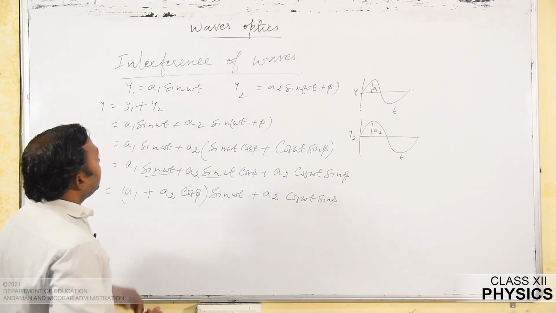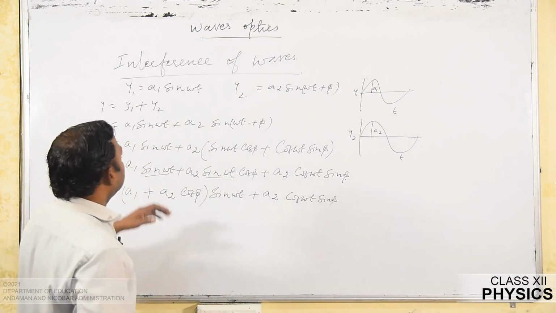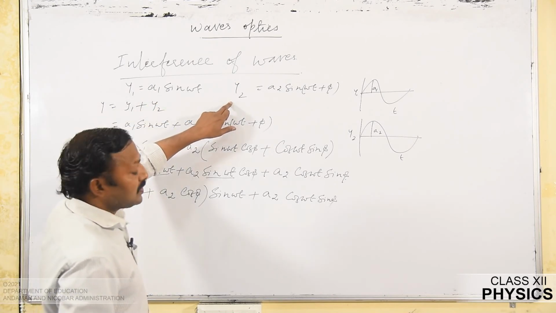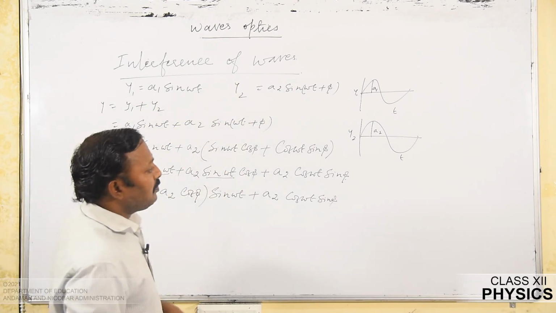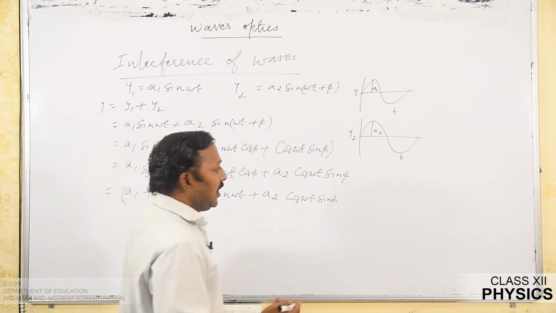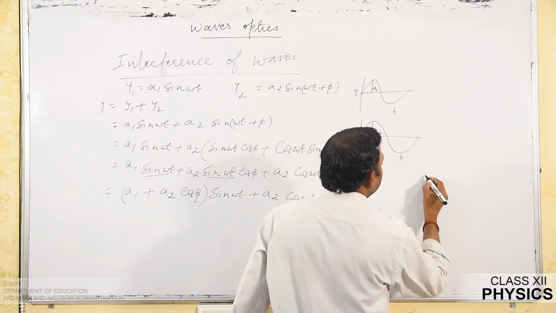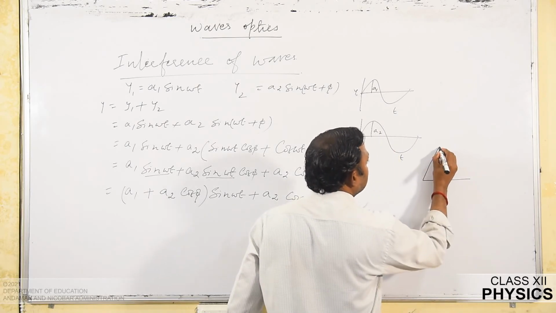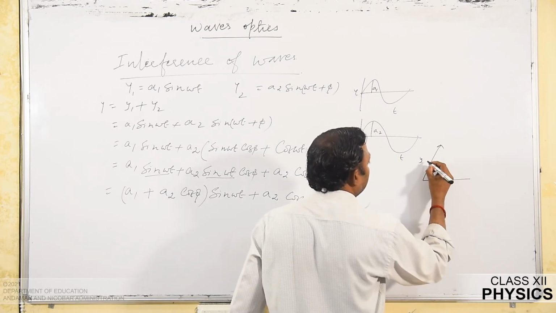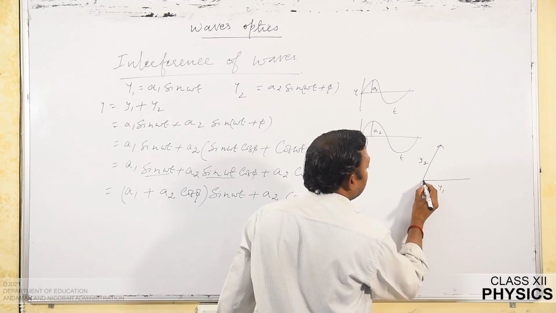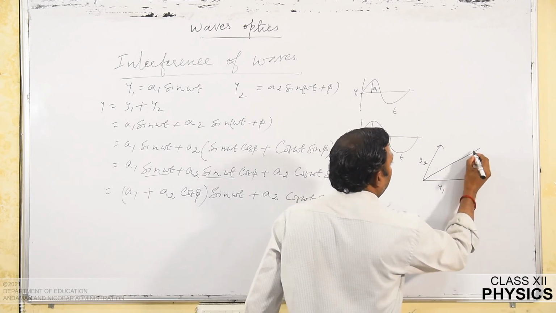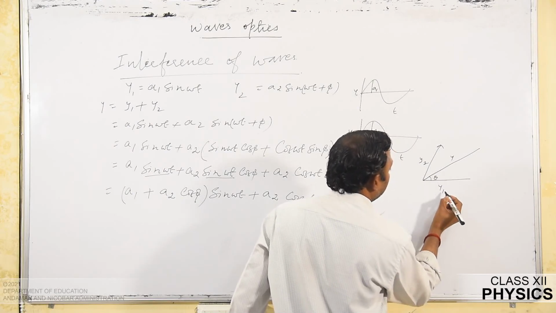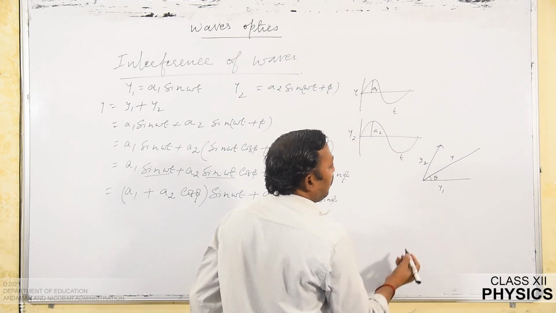So as I told you, in the superposition principle the resultant displacement is the vector sum of individual displacements of the wave. So this can be represented in terms of a vector diagram. Suppose that we have the displacement y1, this one has the displacement y2, then the resultant displacement will be y, which makes some angle theta with the displacement y1.